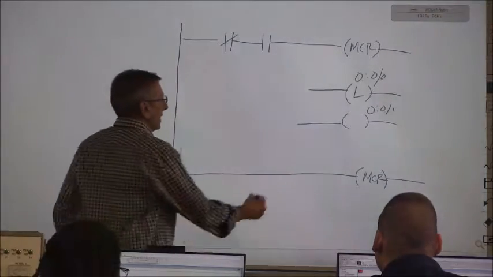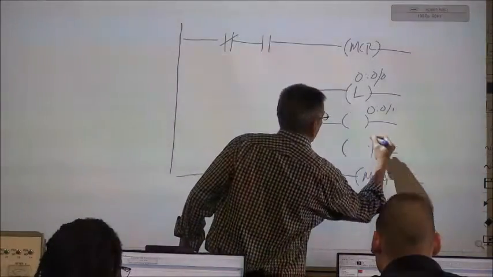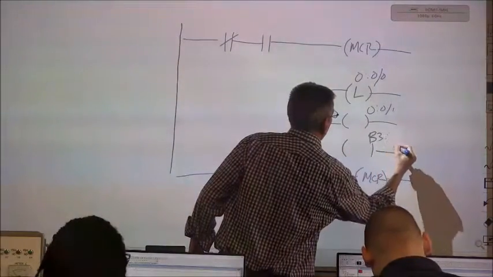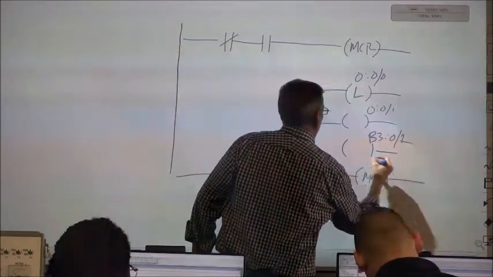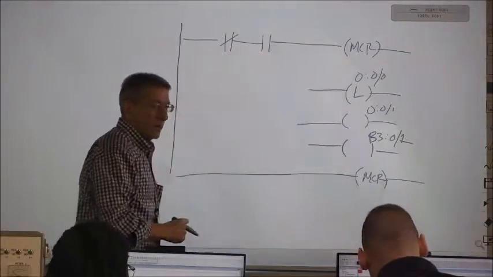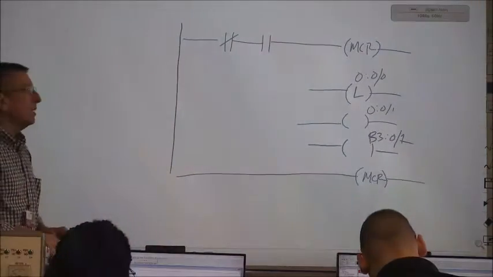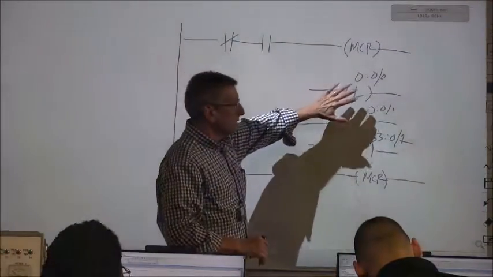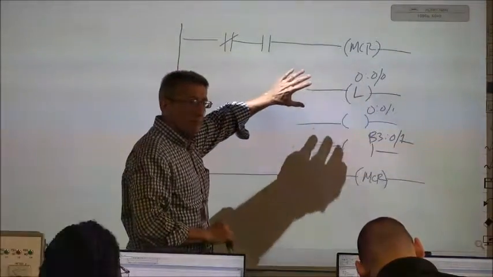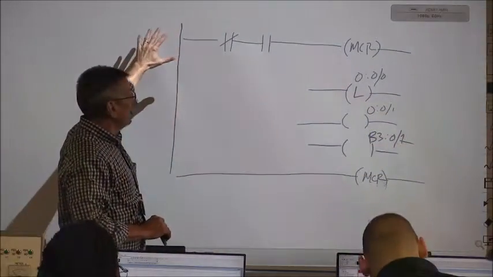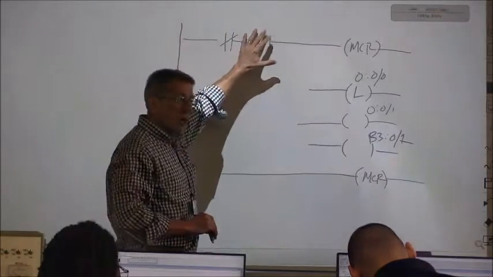But if we had something like this, B3:0/1, and generally you're not going to put binaries inside this fenced zone, but what's going to happen, let's say we latch up, and then the first MCR instruction goes false.